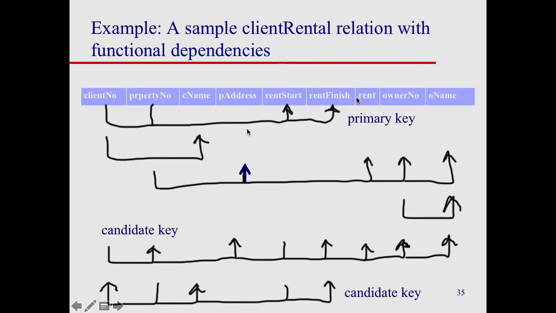Honestly, you could make an argument that rent really should go in the lease, right? Because the rent is not fixed for all time. So you could make a very good argument that the rent should go in the lease, but I didn't. I just said assume for the purposes of this problem that the property number determines the rent.